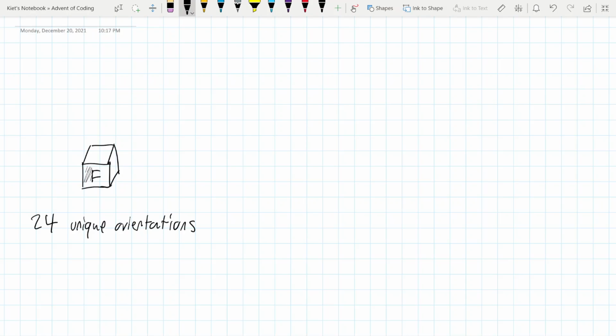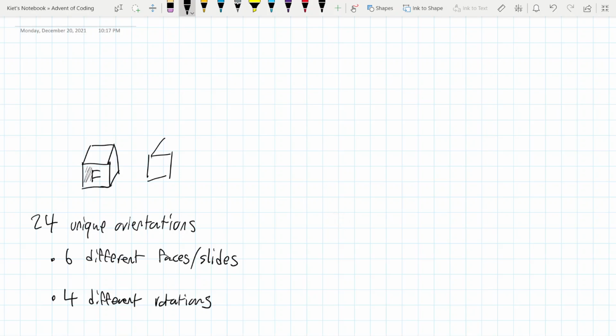Well, the way that I think about it is that first there are 6 different faces or sides. If you count the number of sides on this box, there are 6. And then there are 4 different rotations for each side. So for example, say that we are at this positioning right now.